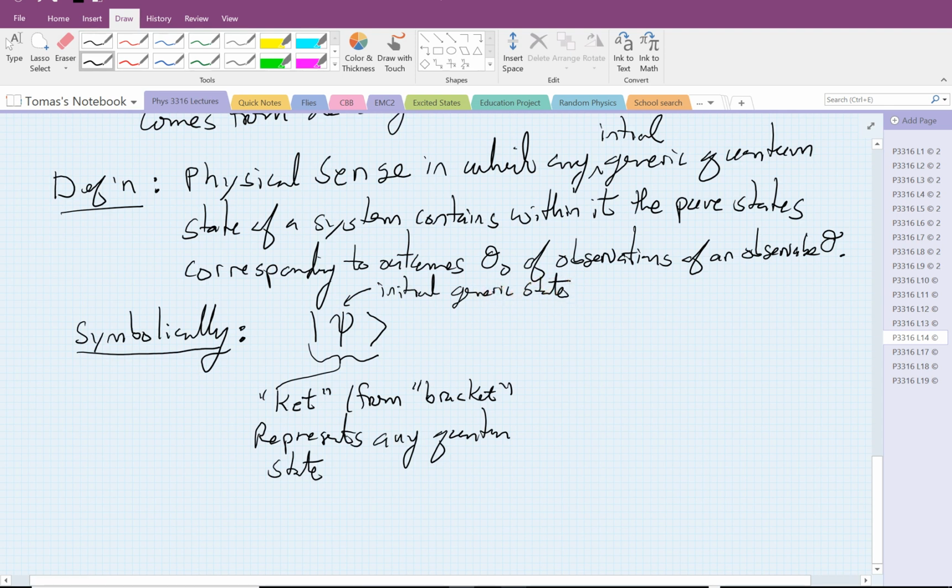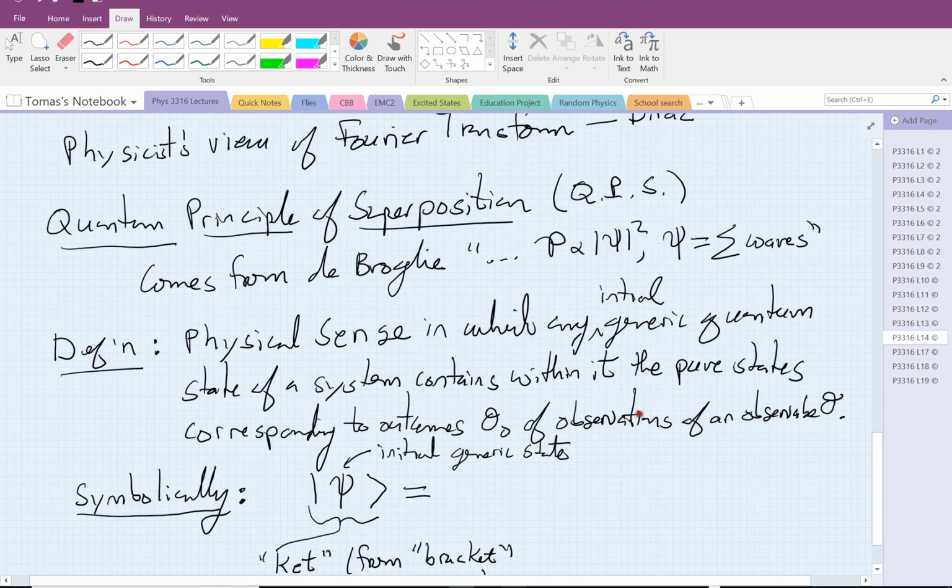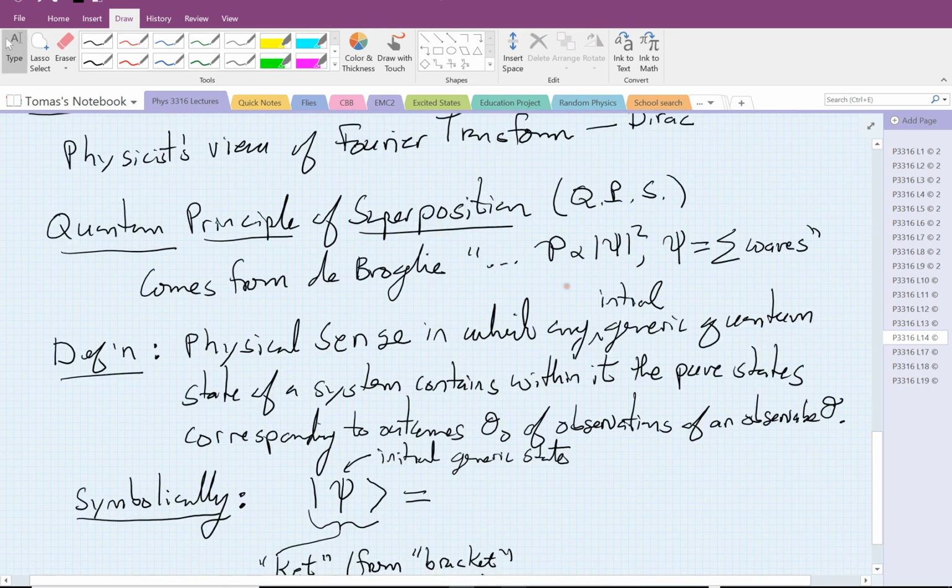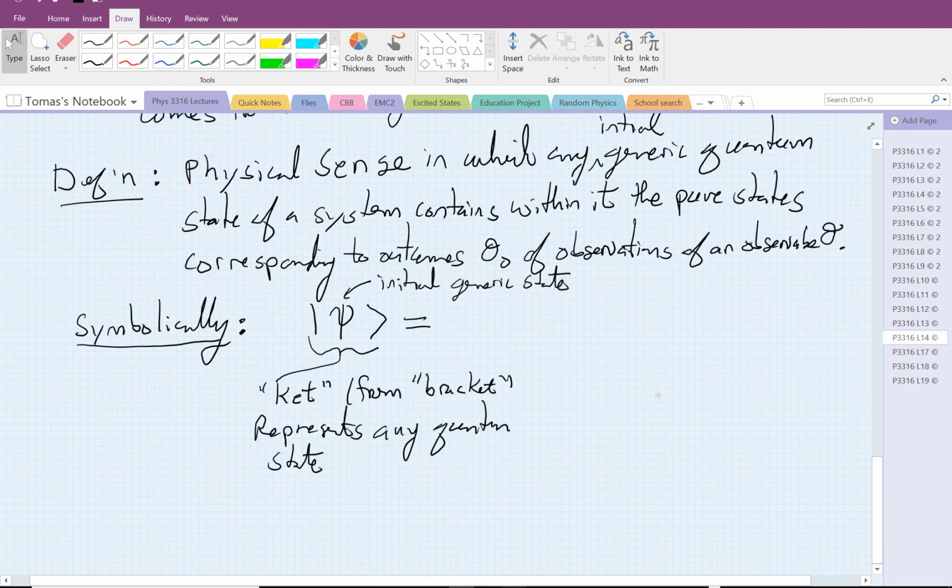Now, what Dirac is saying is there's a principle of superposition. So what he's saying is that this initial state can be written, just like de Broglie is telling us, as a sum of some other things. And what Dirac is saying is that those other things that must be contained within my initial state are actually other quantum states, but these are other special quantum states.